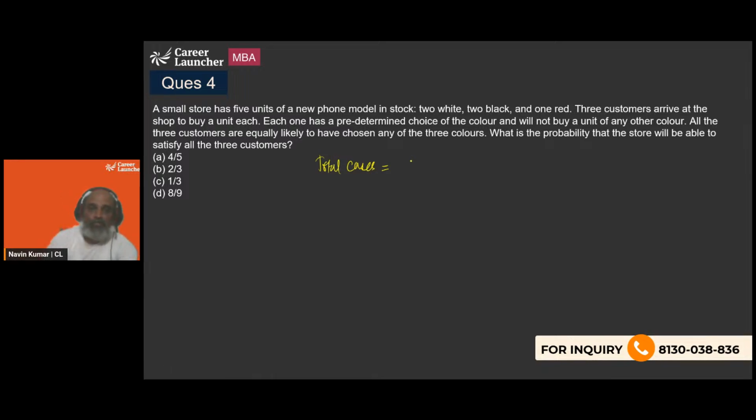So if I talk about the first customer, C1, he has 3 options, white, black, or red. So he'll pick any one of those. The second customer will again have 3 options. The third customer will again have 3 options. So there are a total of 27 cases that we can have.